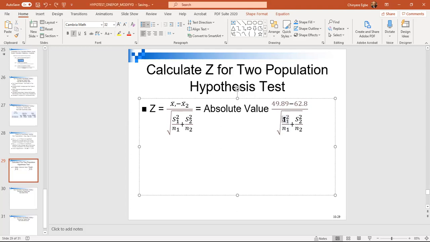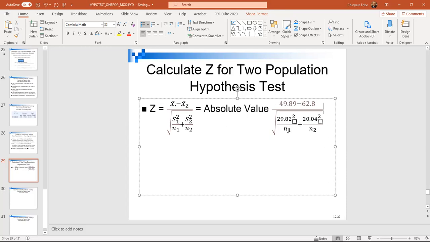And S2 is 20.04, so S2 squared is 20.04 to the power 2.